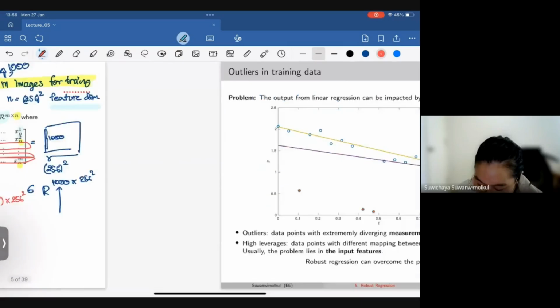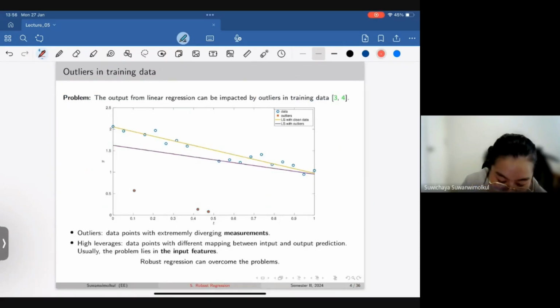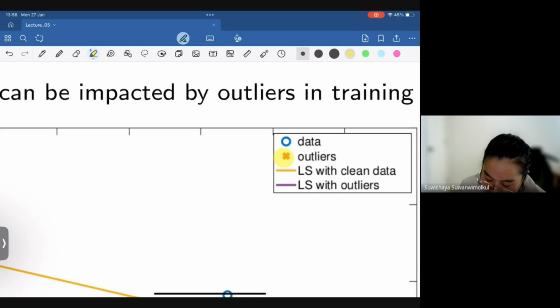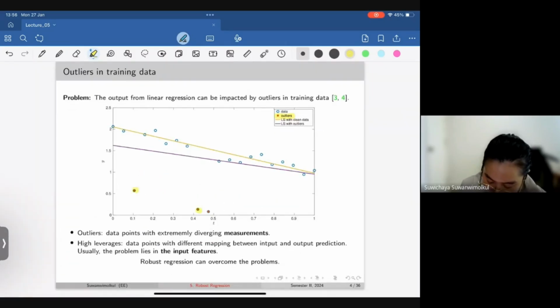Okay, this is an example, visually, of what it's like if we have outliers in our training data. In this example, it is very clear that the red points are the outliers. What I find could be confusing, but in these slides they try to send you a very strong message, is that outliers could come from measurements, maybe a bad labeling, because they all have low values all of a sudden compared to their peers.